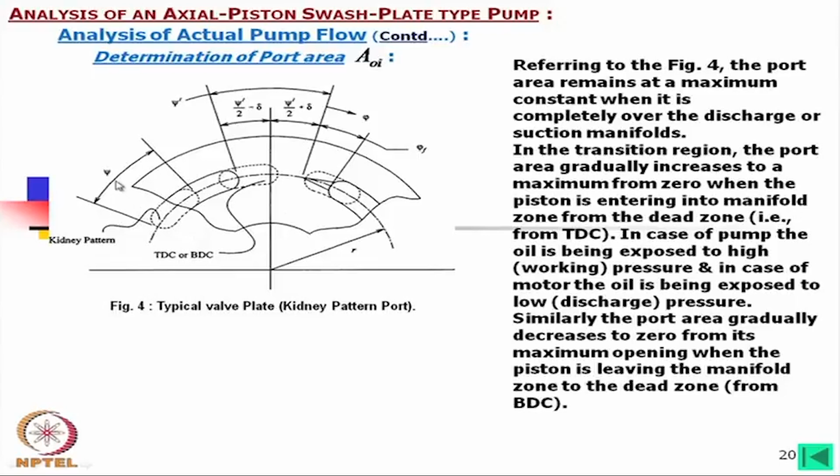If this is included by this phi angle, then we take the center from here to here, and pi into this angle into this radius will give this distance. That distance into thickness will give the area of the rectangle, and then one circular area, whose diameter we may consider equal to the thickness of this port. So, that is the maximum area of AOI.